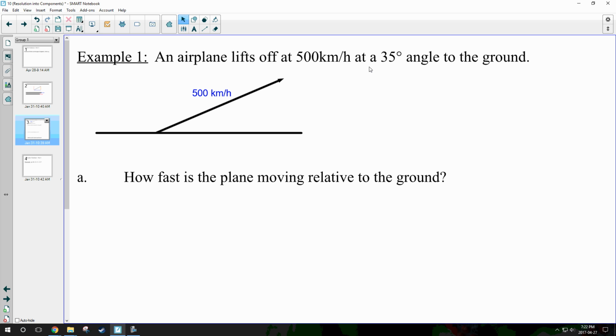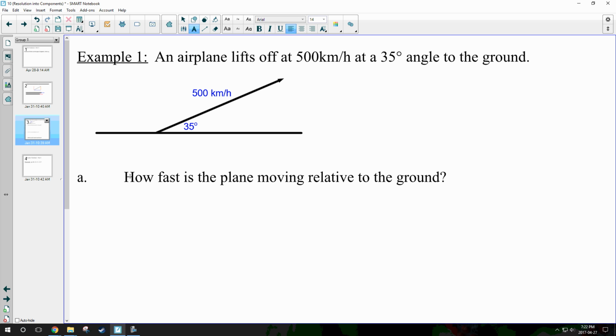And it tells us that it's lifting off at an angle of 35 degrees from the ground. So that's our angle down here. That's our direction for our vector. So here there's just a nice little picture and diagram of the vector of this airplane lifting off.